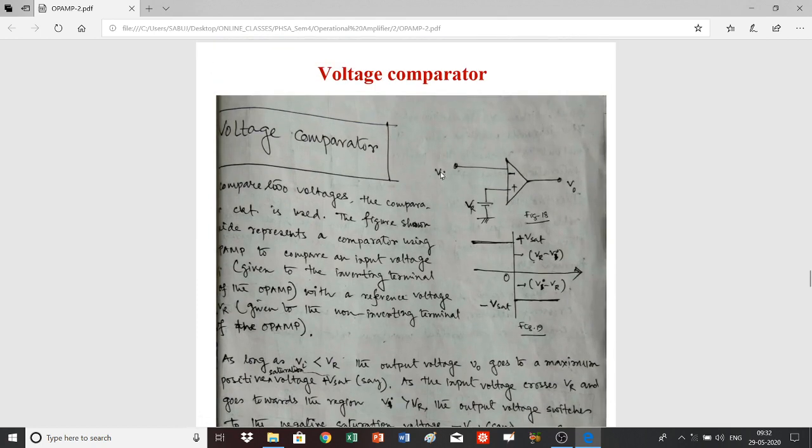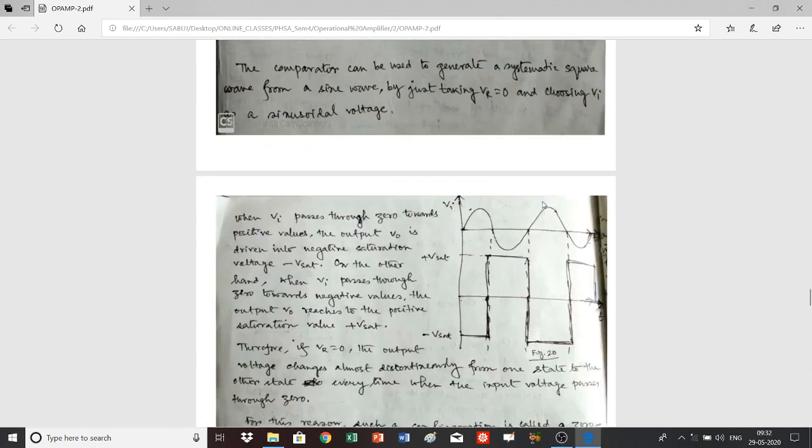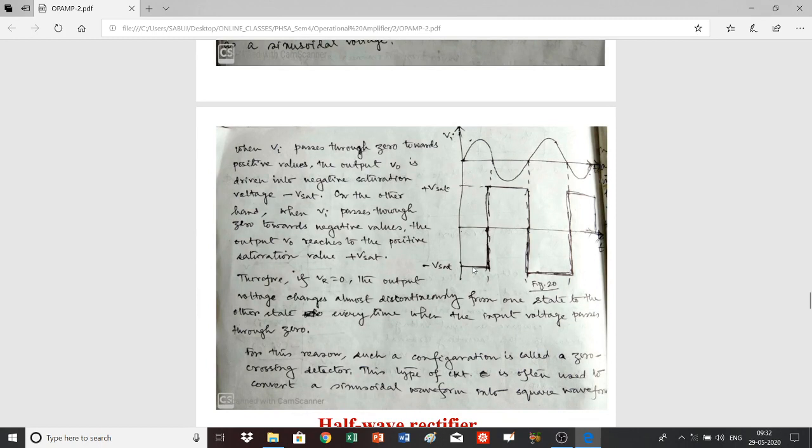Since Vi is greater than this voltage in that case, the output voltage will saturate to the negative saturation value. So in this part and in this part, the output voltage will remain unchanged at the negative saturation value.